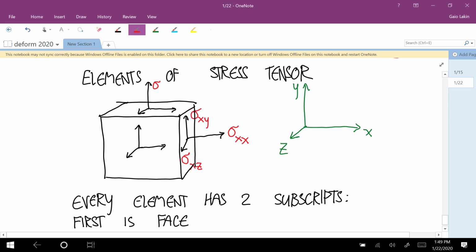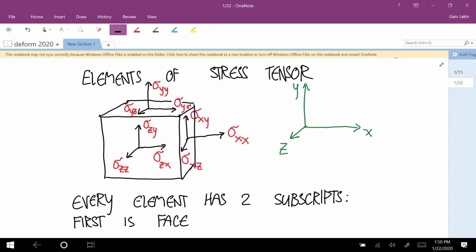Y, so this is sigma Y, in what direction? Yep. And this one is YZ. And then this is the Z face. This is ZX, ZY, and ZZ.